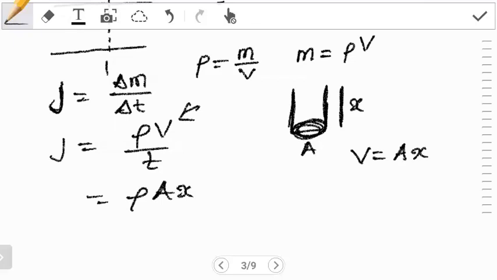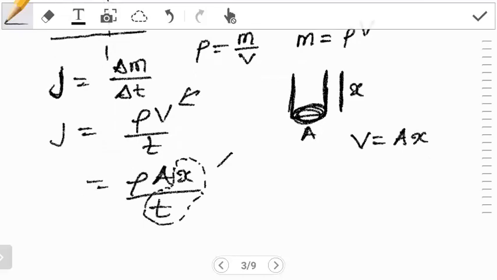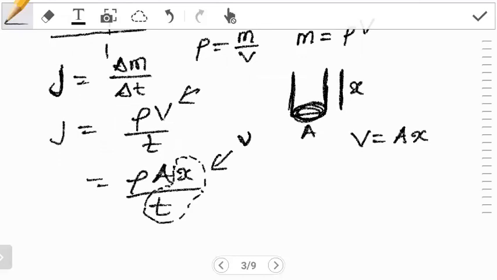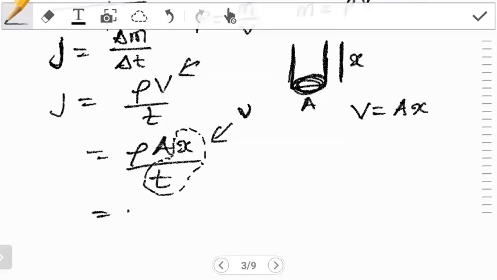This is now over t. Look at this part: x is the distance, the length, and t down here is the time, meaning that this ratio is just the velocity. In other words, our expression becomes density times cross-sectional area times velocity. So this is the mass flow rate of a fluid.